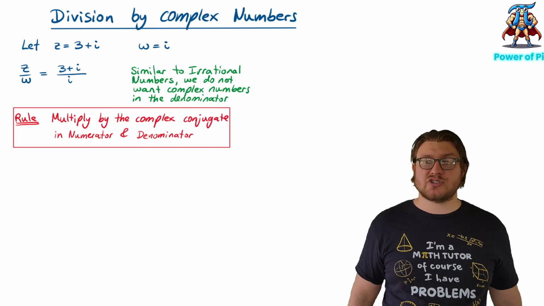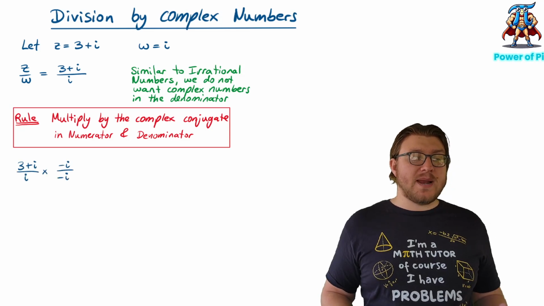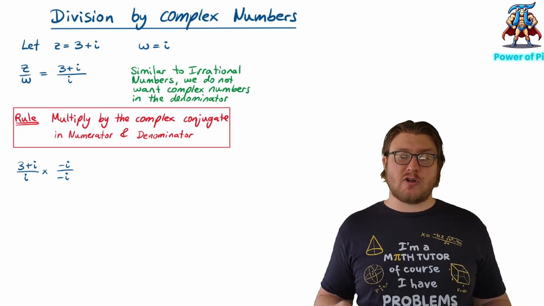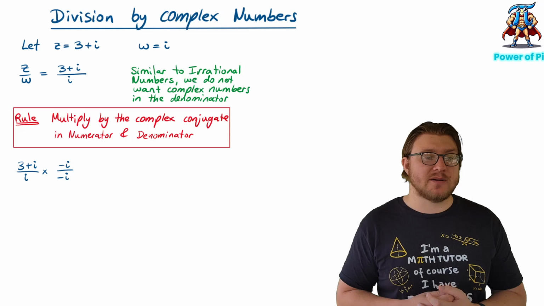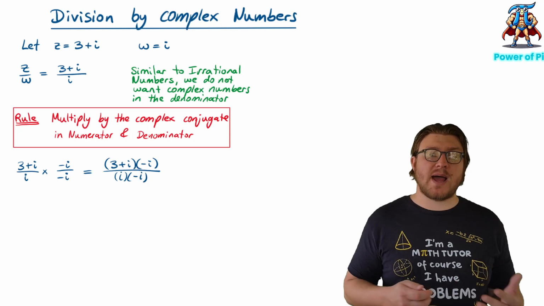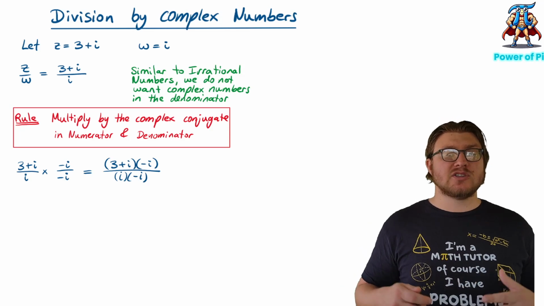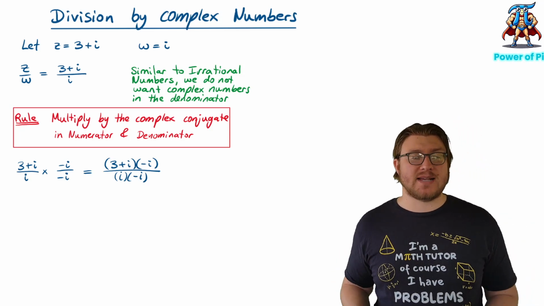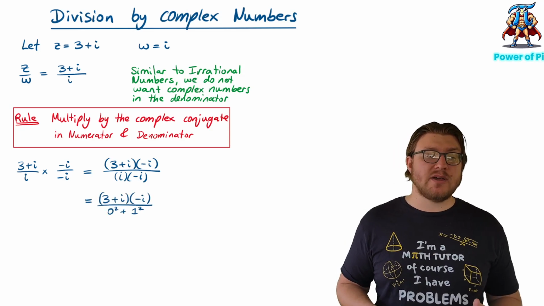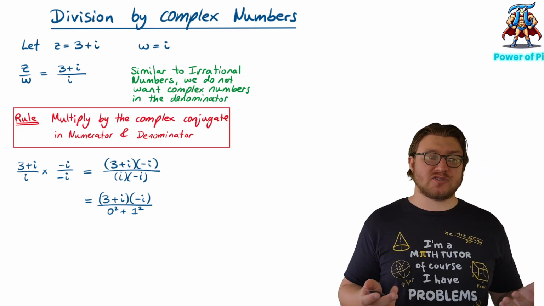So let's just jump in and do this. 3 plus i over i multiplied by -i over -i, which is the complex conjugate of the denominator. Well, in the denominator, we know it's just going to be multiplying the conjugate with the original complex number. So it's going to be real part squared plus imaginary part squared. So the real part here is 0, the imaginary part is 1. So we're going to add those together as a square.